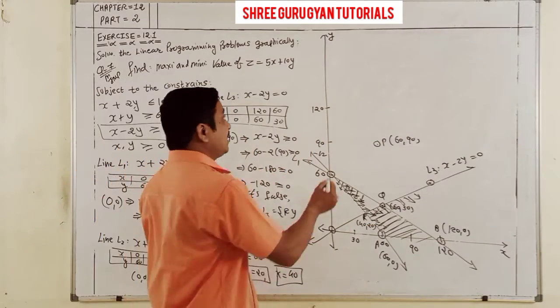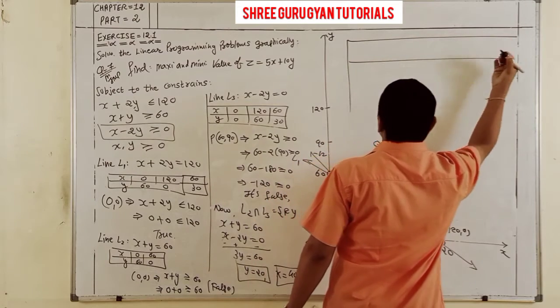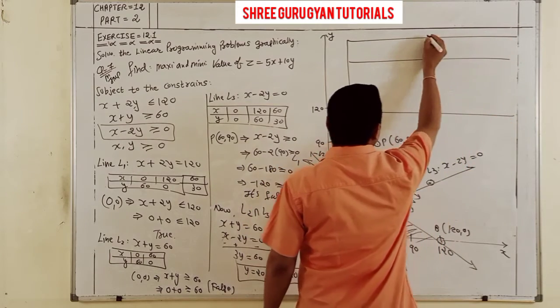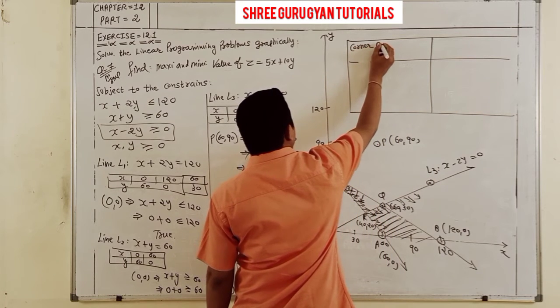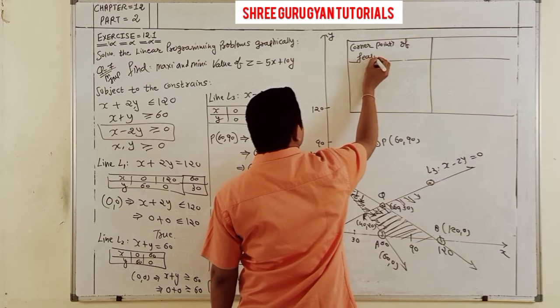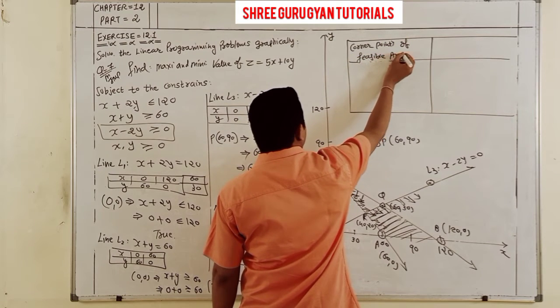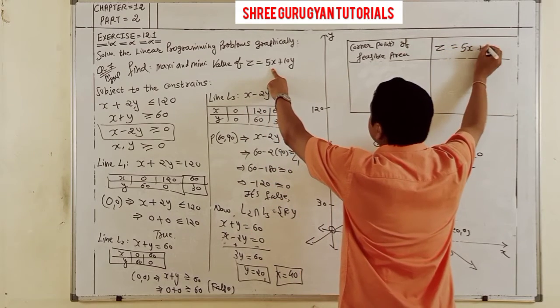Now finally the answer. Here I will show the feasible region related to my solutions. Yes, the corner points of the feasible region. And my z is, students, 5x plus 10y.